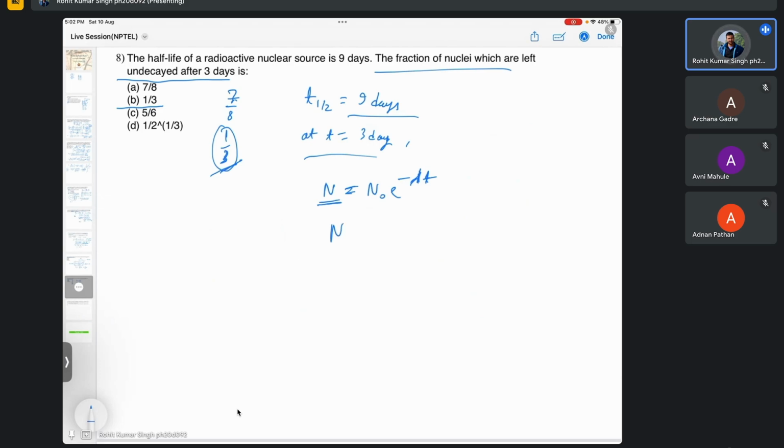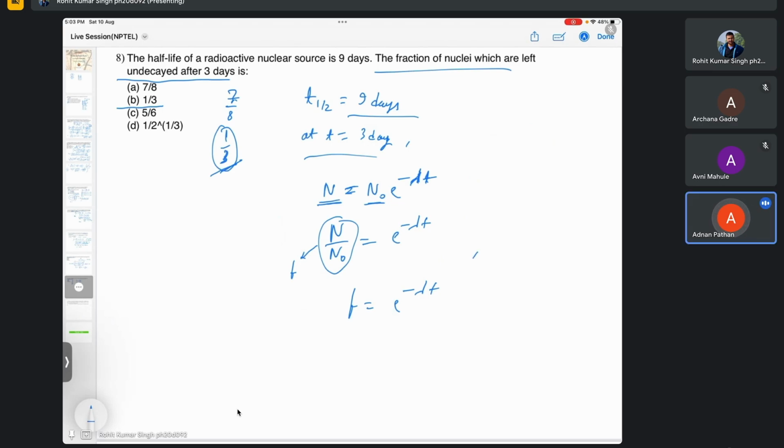If we divide by N naught, the number of nuclei initially at t equal to 0, then this is the fraction that we want to calculate, the fraction of nuclei that is remaining. So here we can take t as T half by 3. Yeah, so we have this formula.